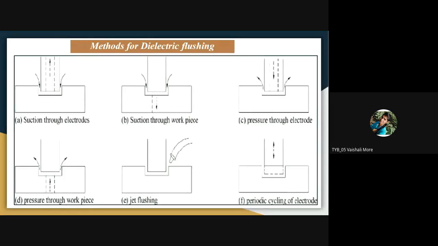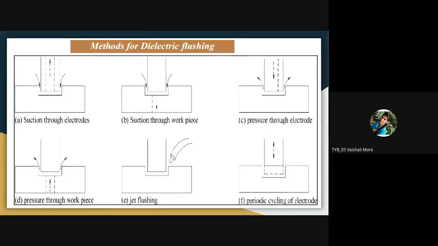Dielectric fluid through the electrode. This is a mostly used method, and here dielectric fluid can be delivered through the hollow tube, through the tool, into the interelectrode gap, and then it comes outside from this interelectrode gap.